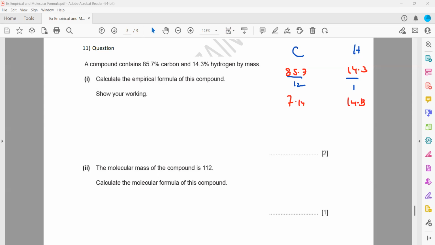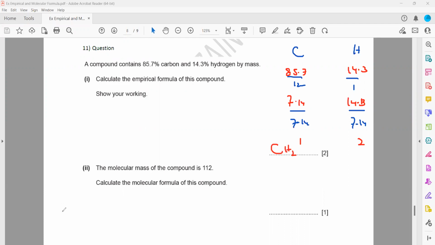Then we divide by the smallest value, which is 7.14. So the ratio, this will be 1 and this is about 2. So the empirical formula is CH2.